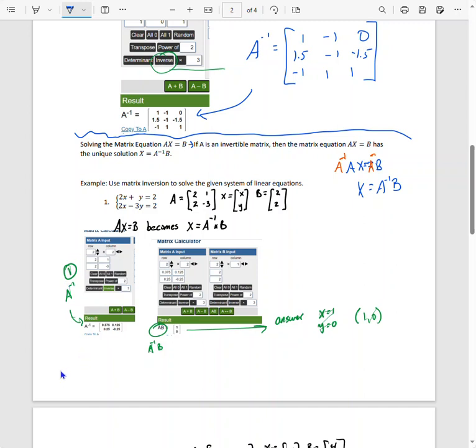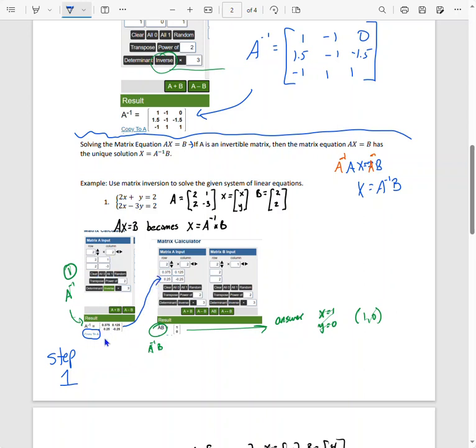So step 1. I enter my matrix 2, 1, 2, negative 3 by first inputting the dimensions, and then the entries. I'll find the inverse. Here's my inverse. And what I did is I used the copy to A, so this matrix is now my A matrix.